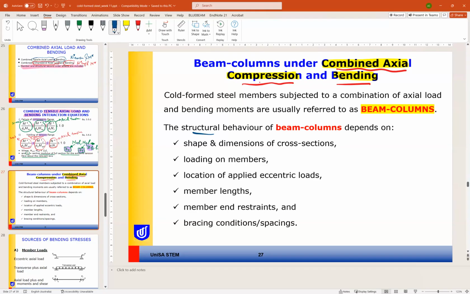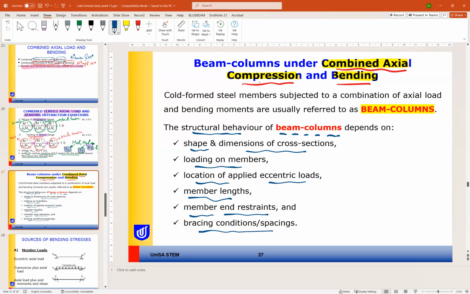For the structural behavior of these members, the beam columns under axial compression and bending, the factors affecting our capacity or our design are the shape and dimension of the cross section, loading on the member, location of the applied eccentric load, member lengths, member and end restraints, bracing condition and spacing.